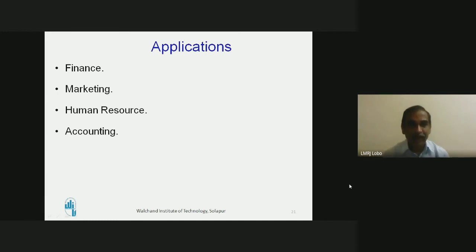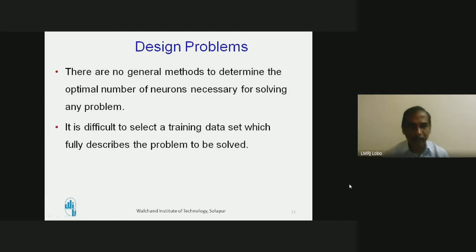We could use it for marketing, human resources, and accounting, where classification forms a basis for solutions to these problems.